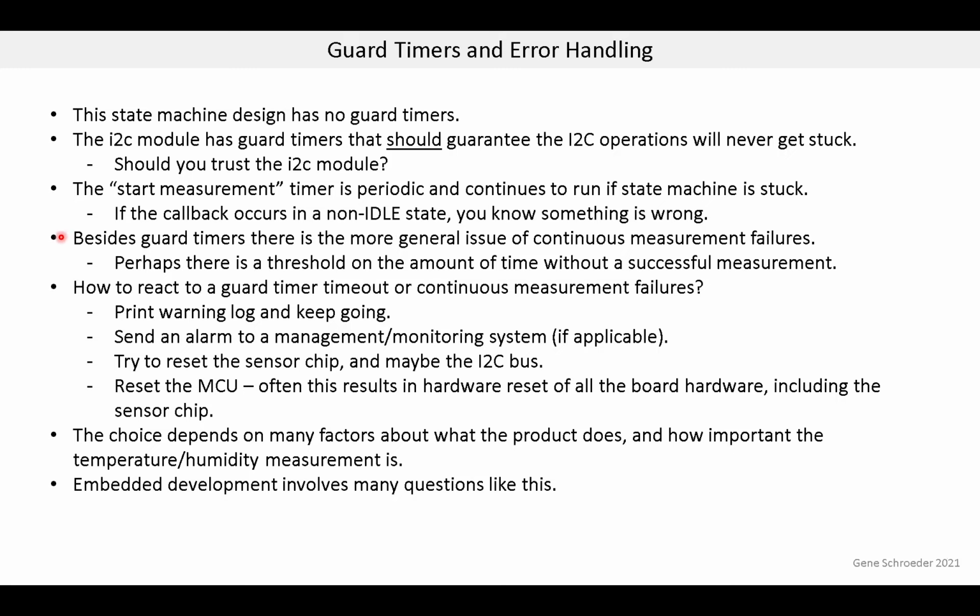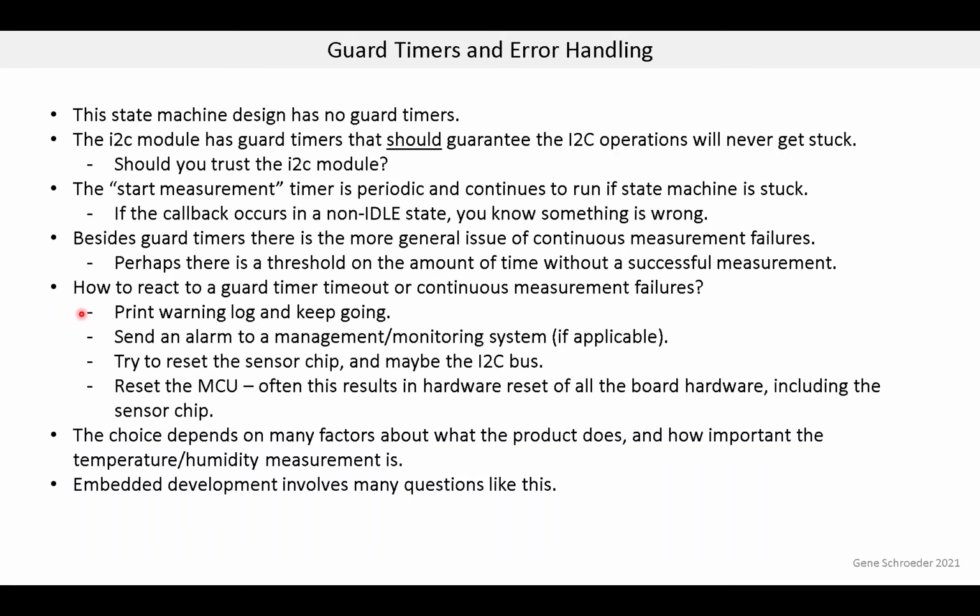Now, besides guard timers, there is the more general issue of continuous measurement failures. So perhaps there's a threshold on the amount of time without a successful measurement. The most difficult part of these questions is not how you implement the detection mechanism, but what to do when it happens. Let's look at some possibilities.